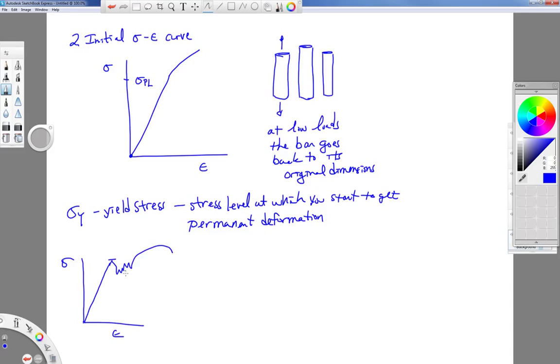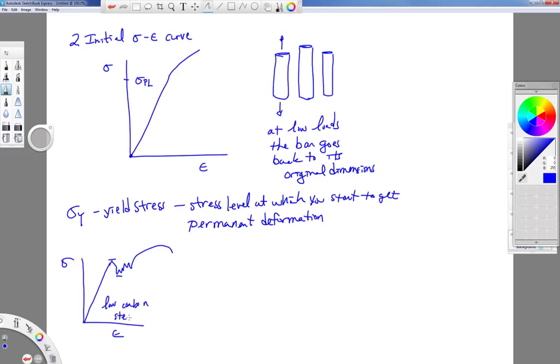So it has an upper yield point and a lower yield point. And at this point, it goes very straight line up into this upper yield stress. And then you start to have some permanent deformation. So let me just label this as low carbon steel.